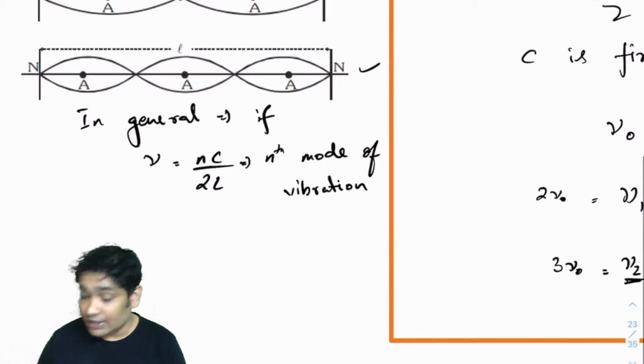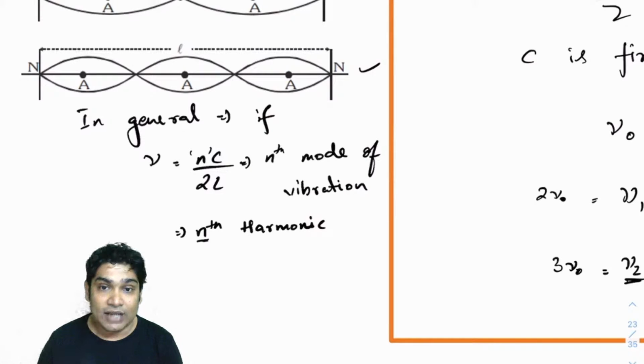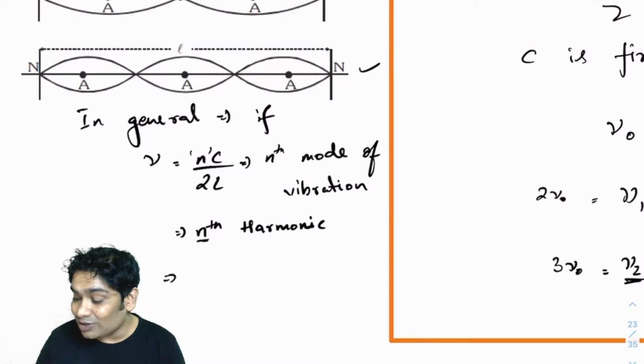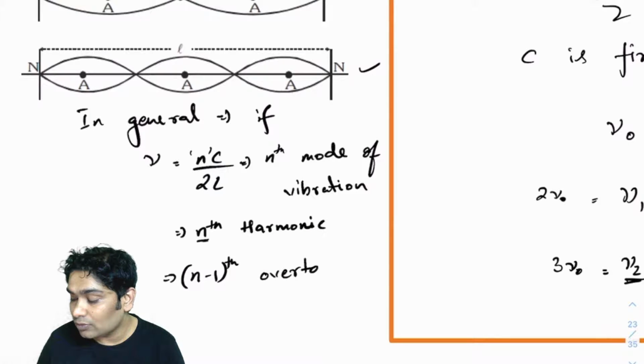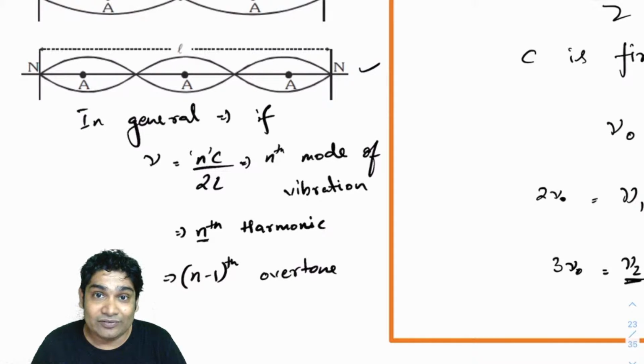This is called the nth harmonic. So how do you decide the harmonic? Whatever be the multiple of the fundamental frequency, that is called the harmonic. And this is called the (n minus 1)th overtone. This is what names you will give this.